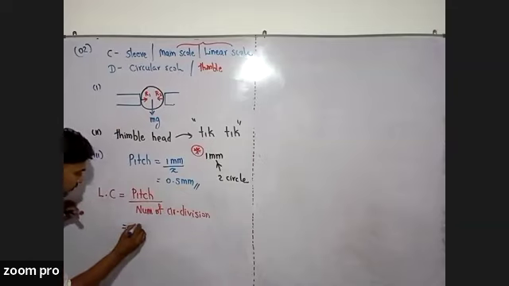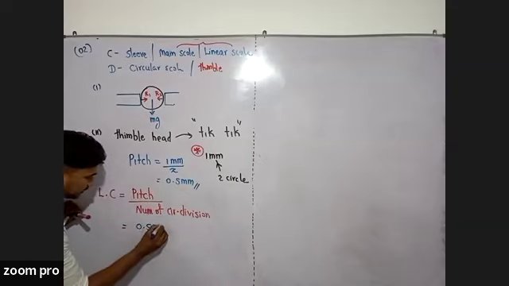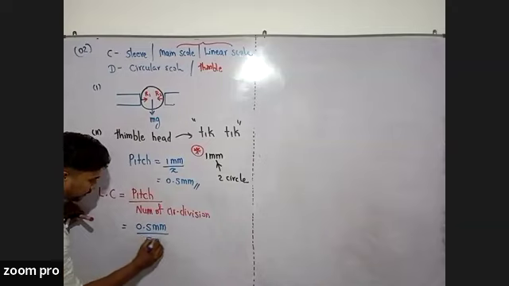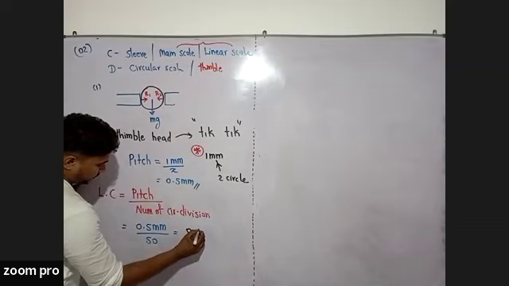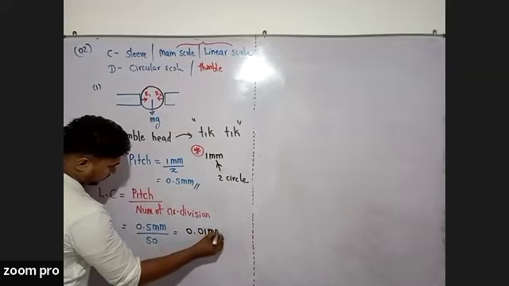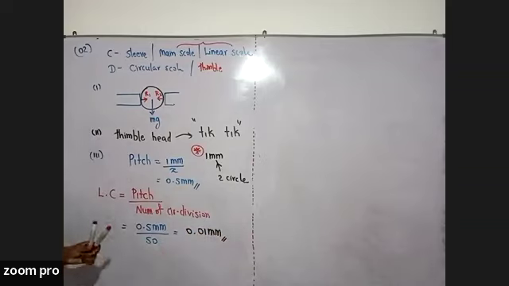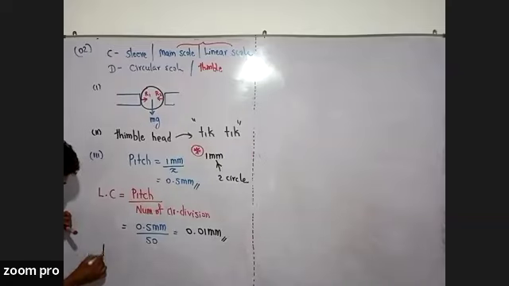So the pitch is equal to 0.5 millimeters and it should be divided by 50. That means the least count should be equal to 0.01 millimeter, right?